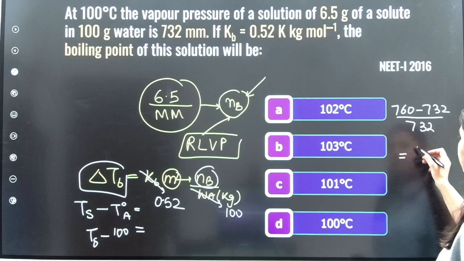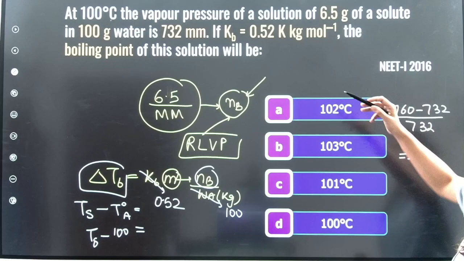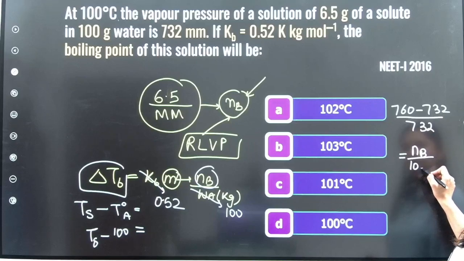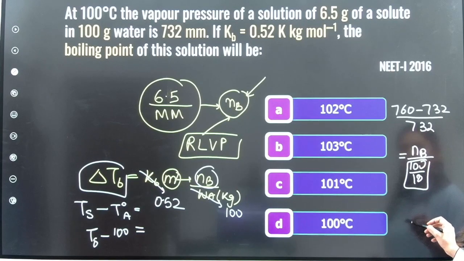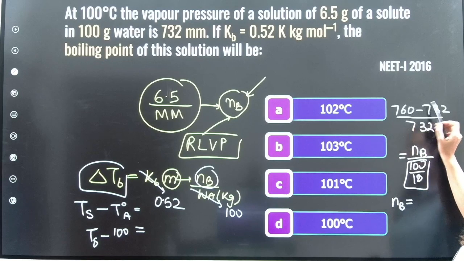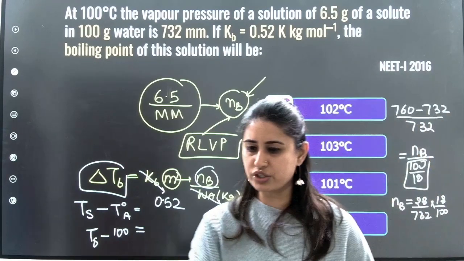It is equal to NB, which we wanted to know, divided by NA. NA is going to be what? 100 divided by 18. Or let's just not solve it. So what is your NB coming out to be? Can you find out? This is 28 divided by 732. This goes here into 18 by 100. Can you find out what is the NB, which is coming out to be equal to?